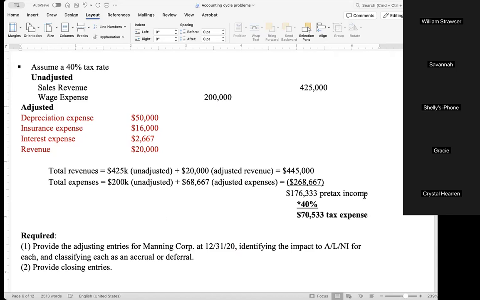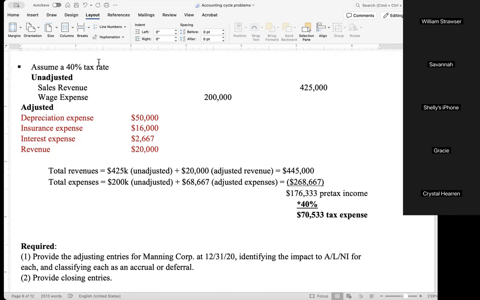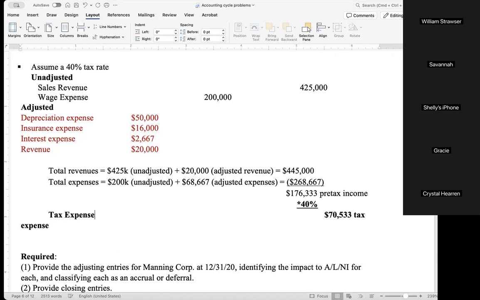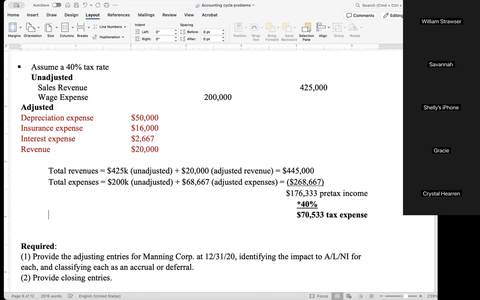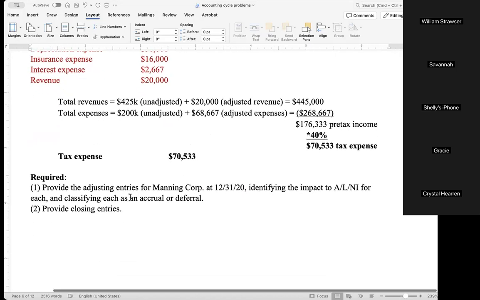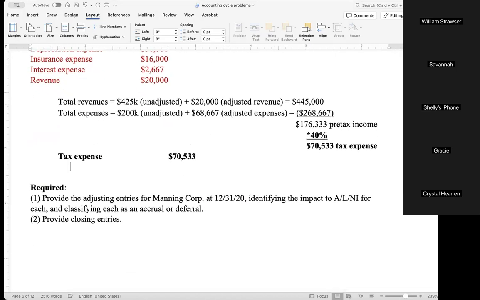But if I'm recording tax expense, think of it as any other adjusting entry. If I want to recognize tax expense, then I would debit tax expense because that's how we create expenses. And what do I want to credit? What's the typical pattern for my adjusting entries? Tax payable.